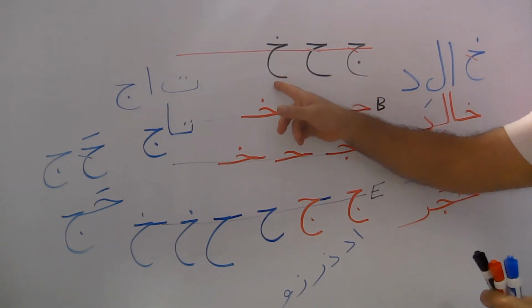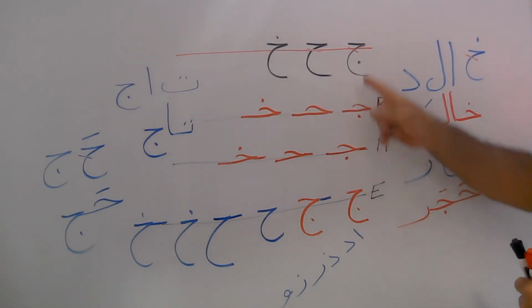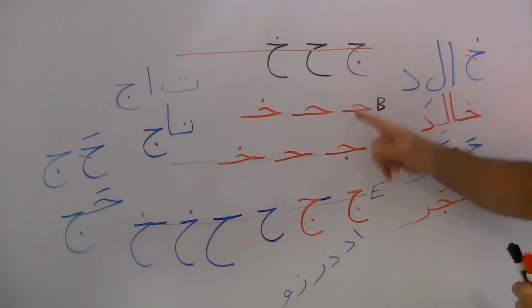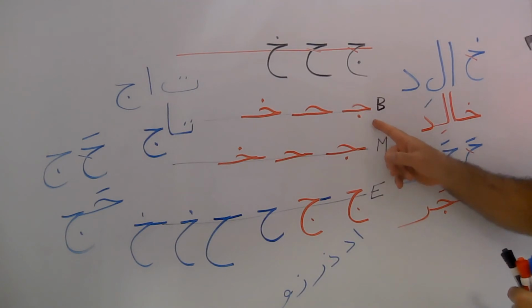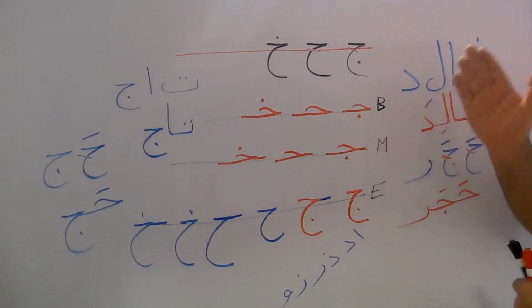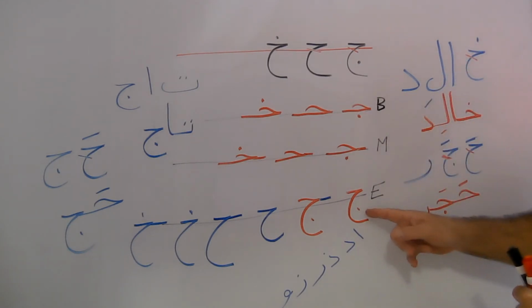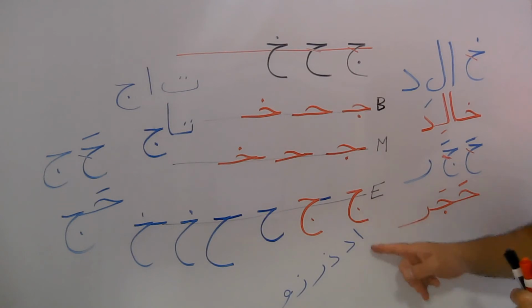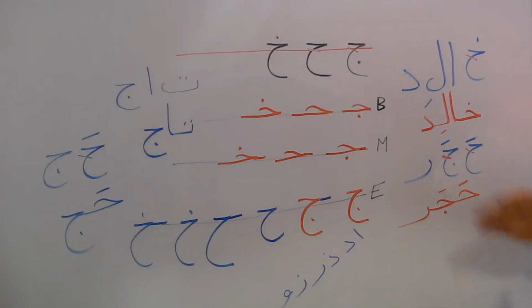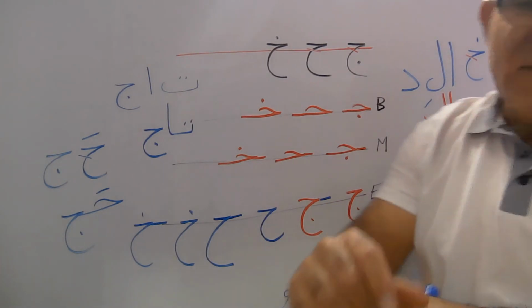Jim, Ha, Kha. Beginning, the beginning shape of the letter connected to the left. The middle, the same shape of the letter at the beginning connecting from both sides. And at the end, we always take the full letter in Arabic, either non-connecting after the 6 letters that do not accept to connect with the letters after, or with a connector with the rest of the Arabic letters.